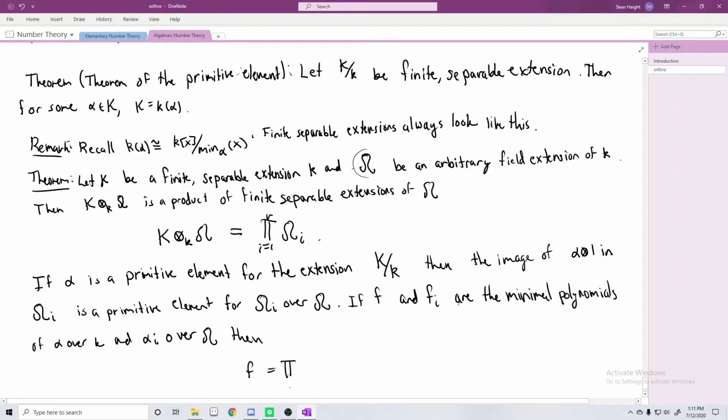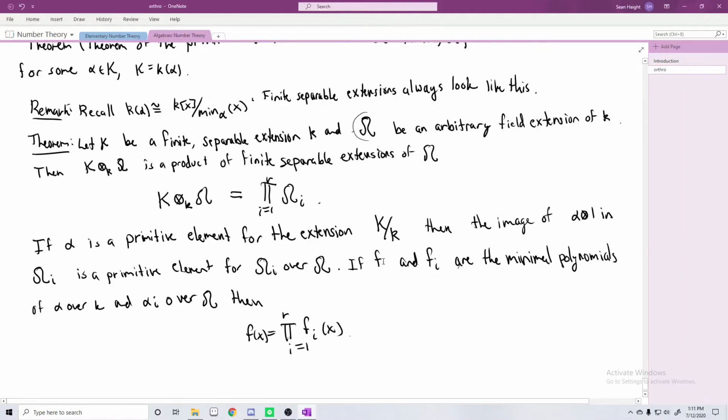Then f factors as the product of f sub i of x.